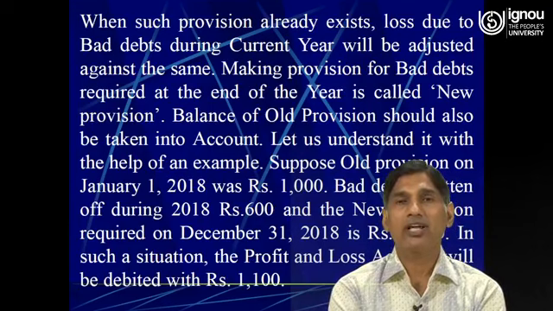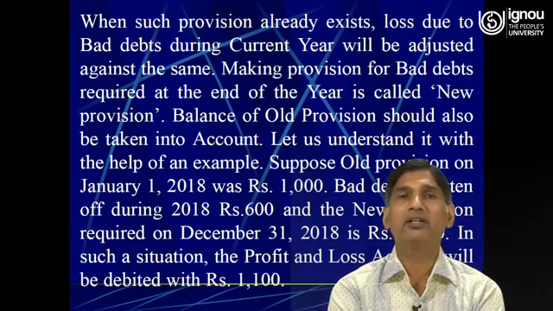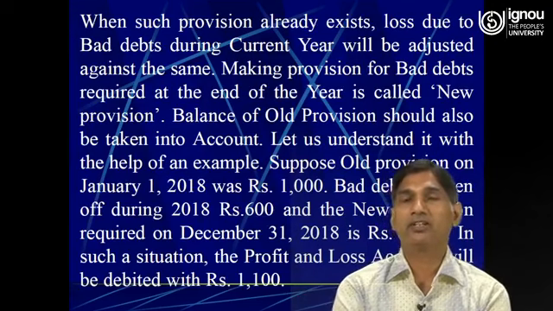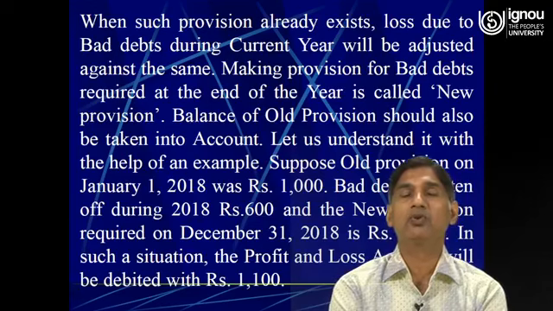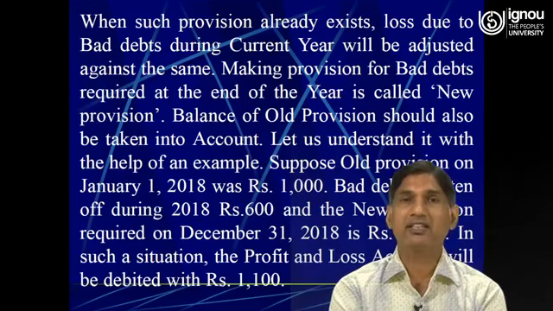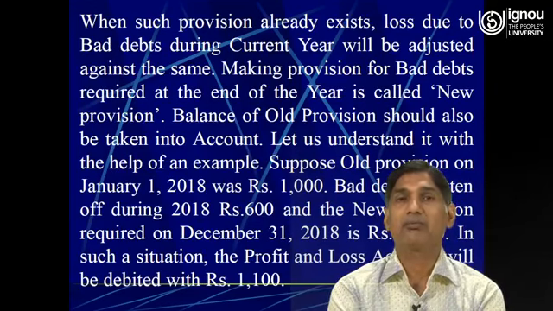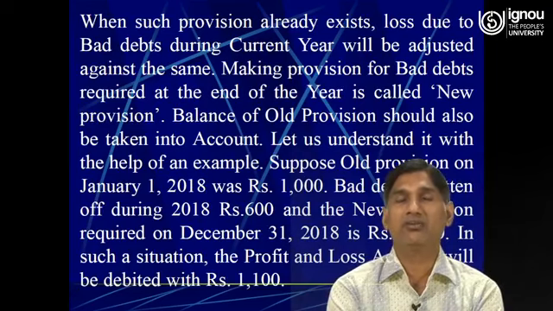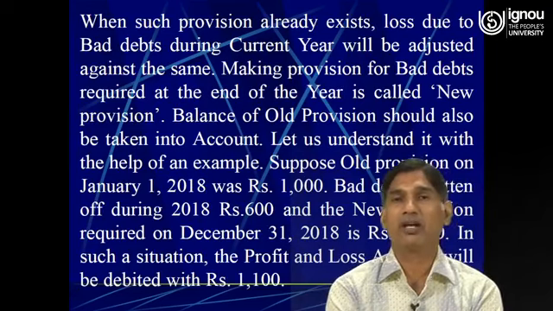Now I would like to make this equation more clear. First of all, bad debts: this is the amount of bad debts given in the trial balance. Plus further bad debts, the amount of bad debts given as additional information outside the trial balance.